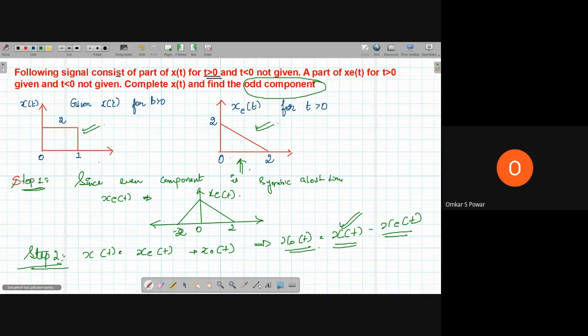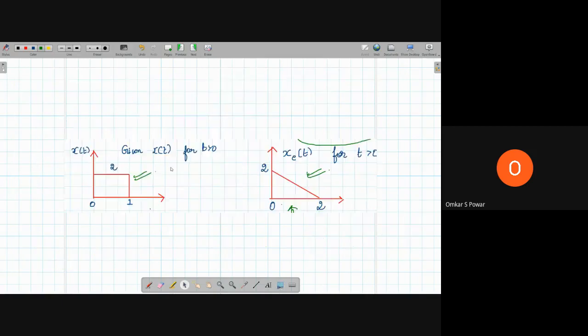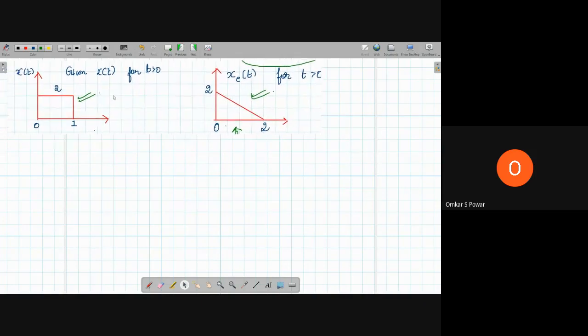So let me take a new page to solve this one. I want this figure also. Add to new page. What do I want here? X odd of t is equal to x of t minus x even of t.